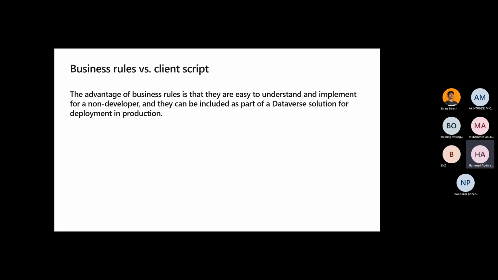The client scripting side has to do with writing some kind of code, either minimal or complex. But this will allow you to accomplish a business requirement that the business rule or the inbuilt features are not able to accomplish for you, right?